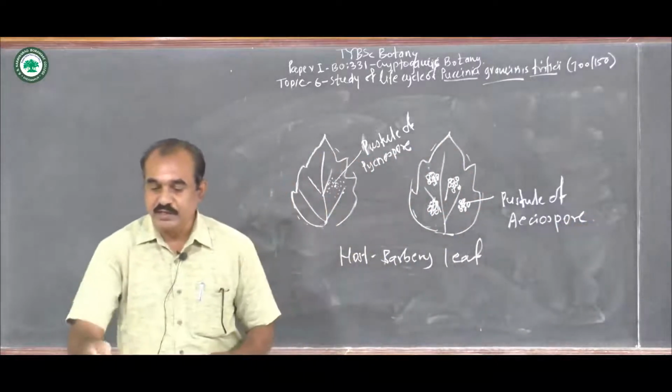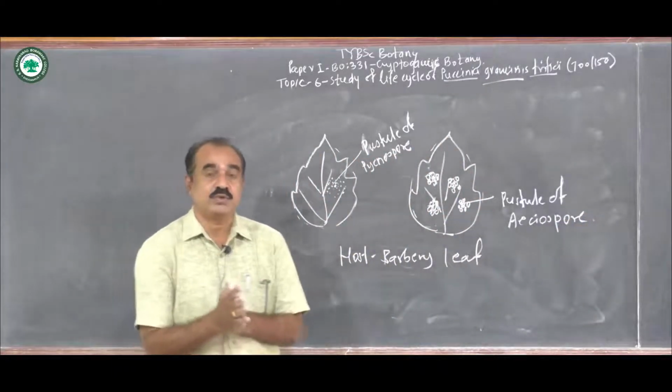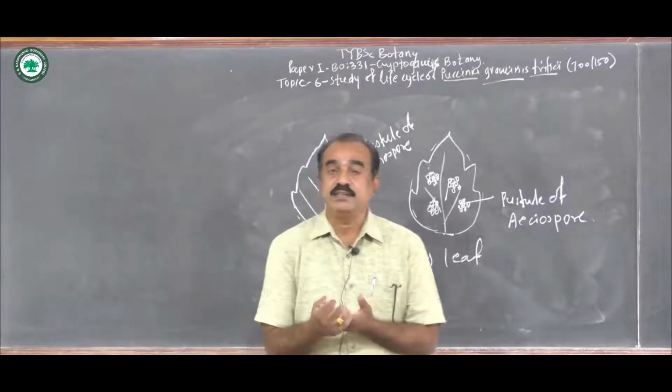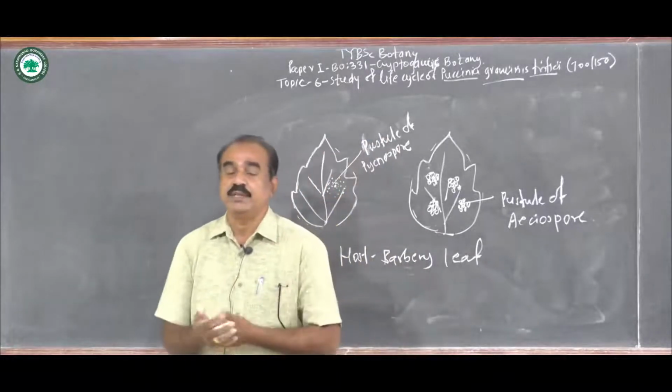Now this Puccinia requires the secondary host, which is also called the alternate host, and it is generally the barberry leaf, and it is found in the Himalaya.